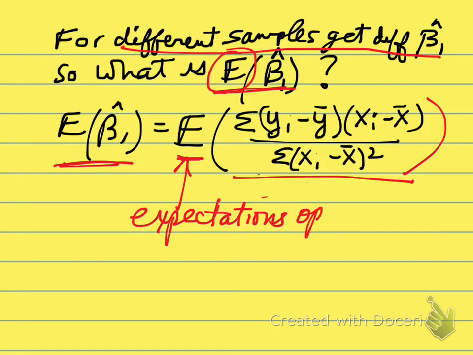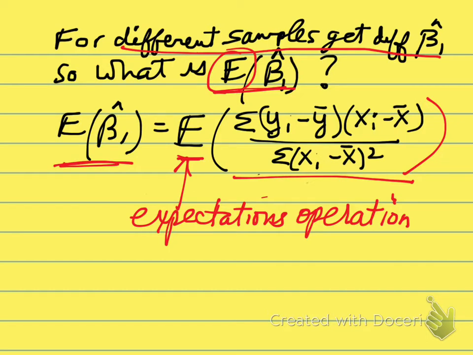The expectations operator is the sum of all outcomes times their probabilities, but we just use the capital letter E to summarize that. So E stands for the sum over all the samples that we have, with the probability of getting that sample. So it's the expected value of doing these calculations on each sample, the expected value of beta 1 hat is what we have here.